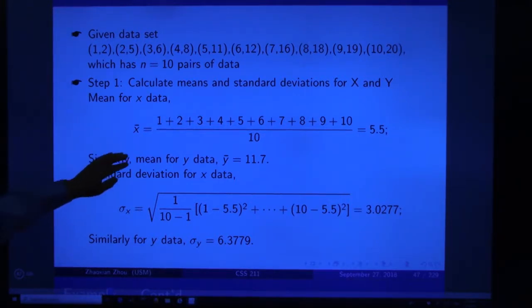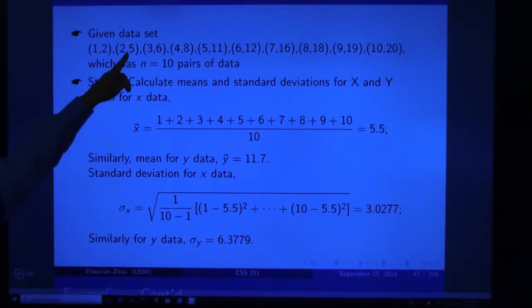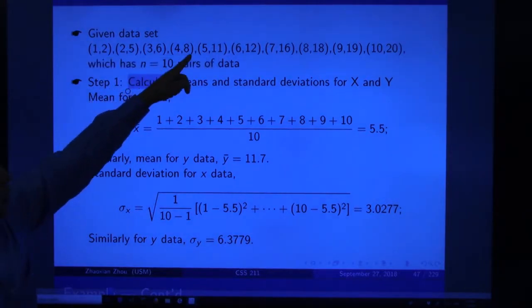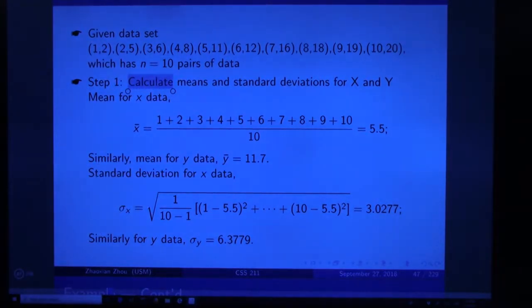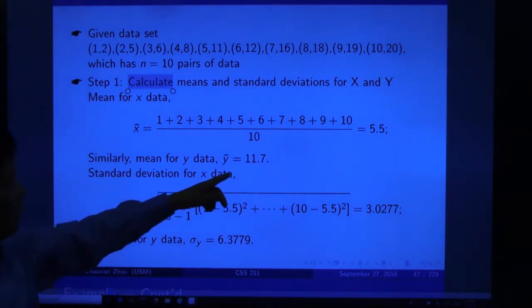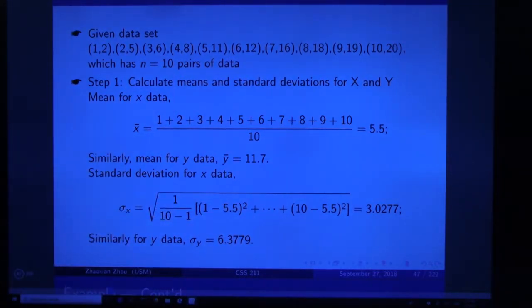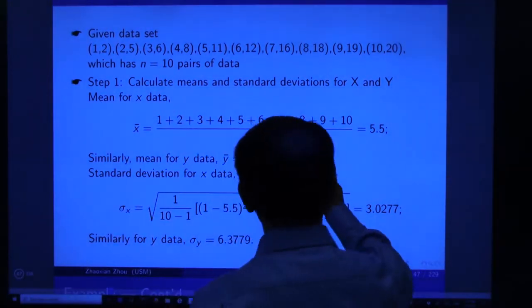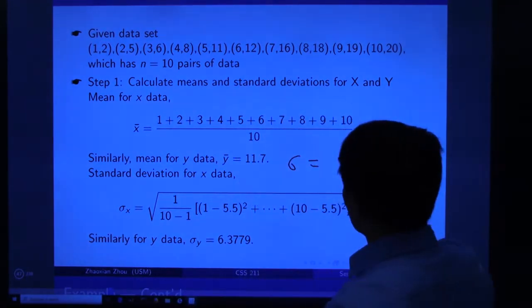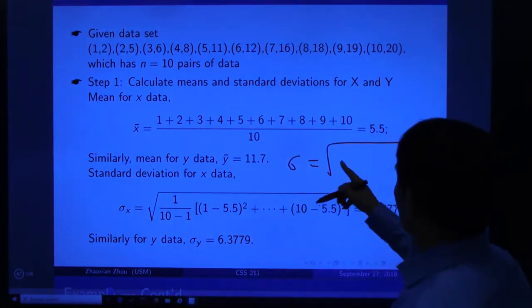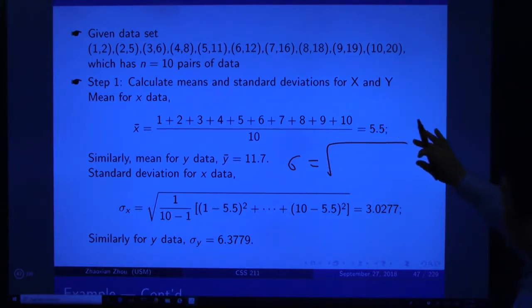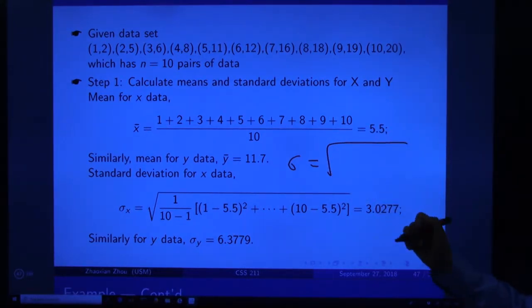Similarly, for the y values, the mean will be 2 plus 5 plus 6 plus 8 and so on, all the way to 20, and then divided by 10 again, and that value equals 11.7. The next step is to calculate the standard deviation. The definition of standard deviation is the square root of the variance.